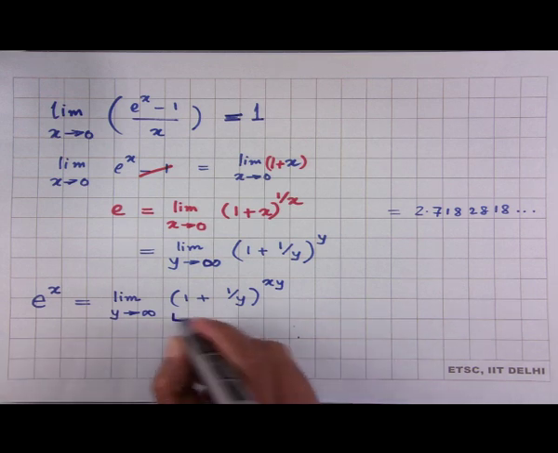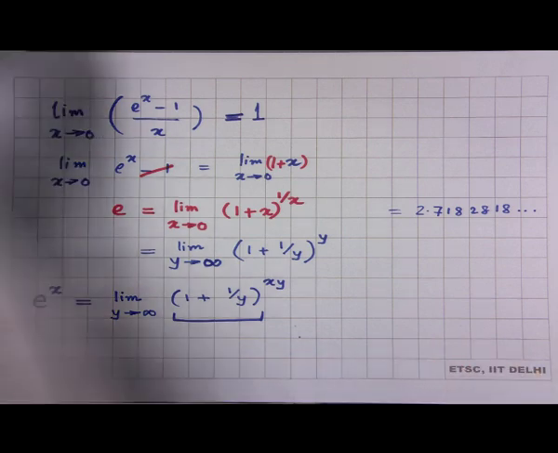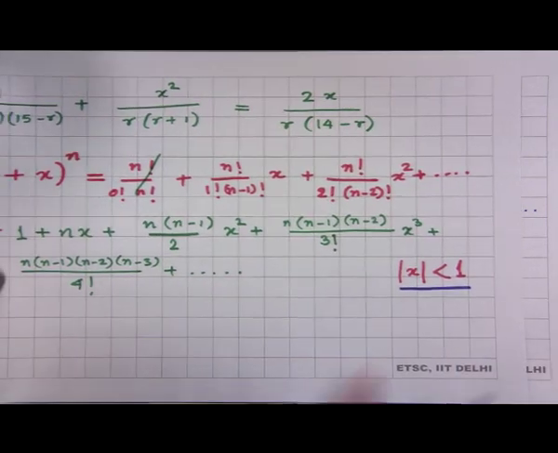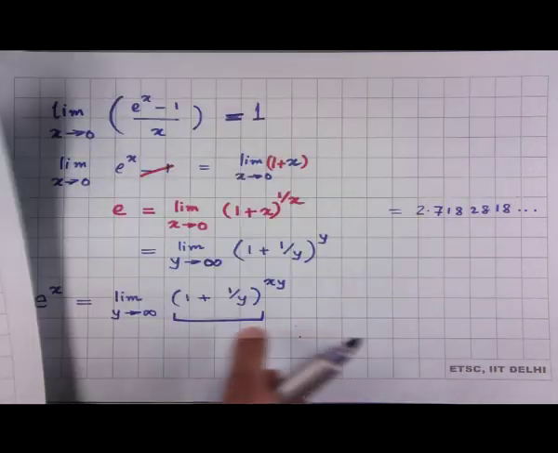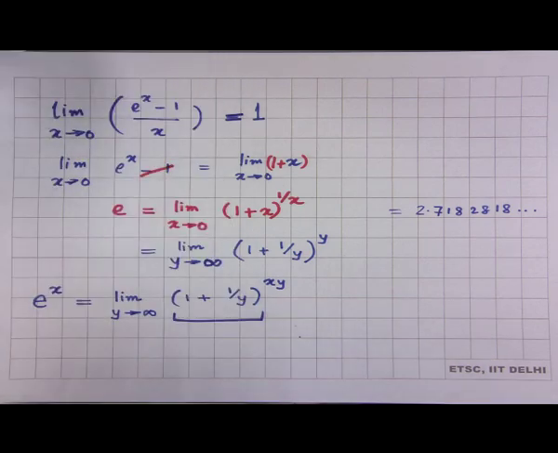How will you work this out? 1 plus 1 by y, remember 1 by y satisfies magnitude less than 1, right. I am not calling it x anymore, I have called it y. So, 1 by y is certainly smaller than 1, because y is tending to infinity, it is very small. Okay.